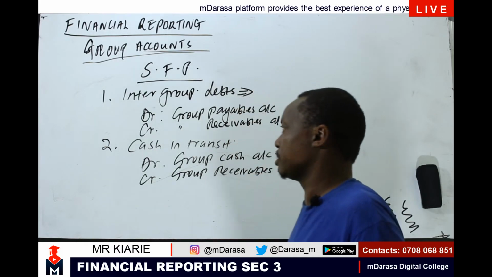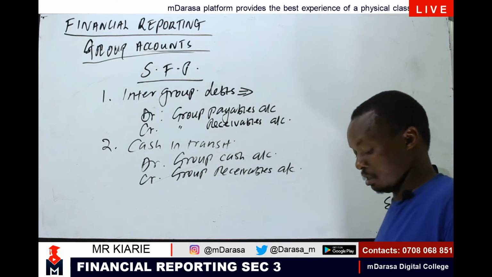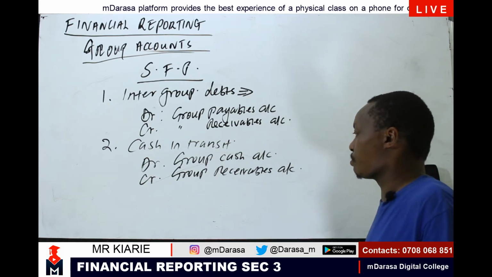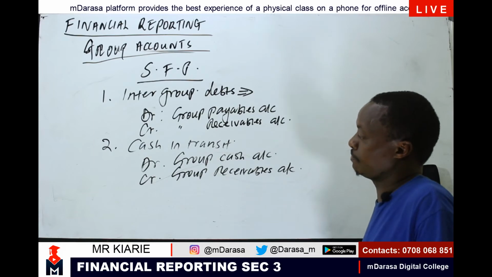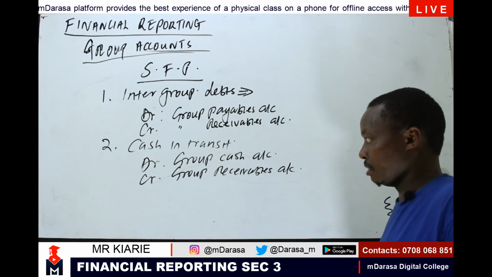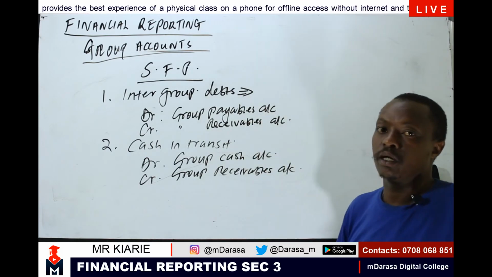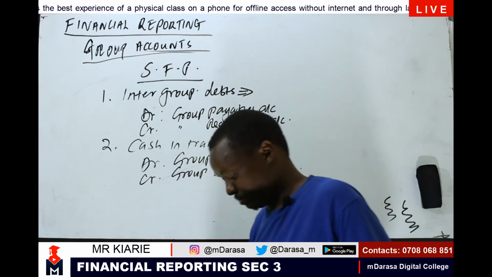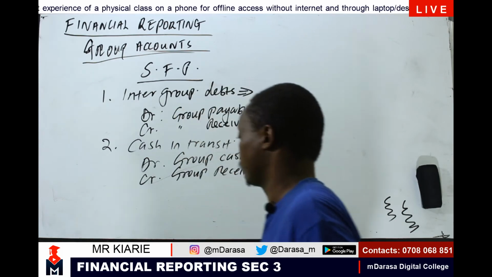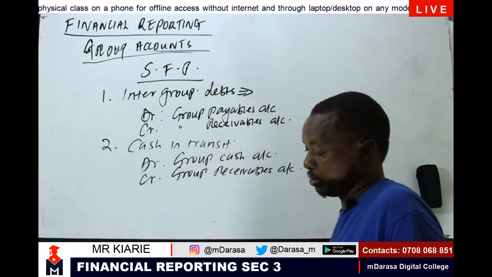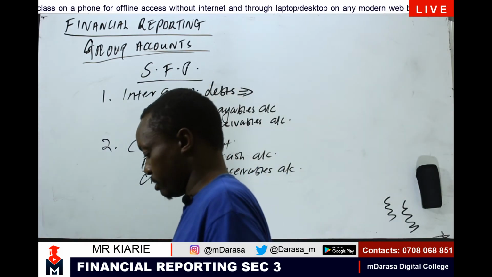That means to adjust for the cash in transit, you debit group cash account and then you credit group receivables account. Any question pertaining to cash in transit?